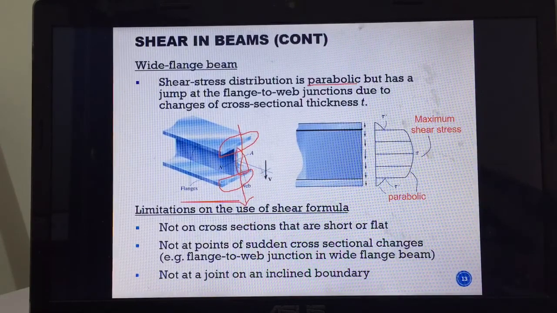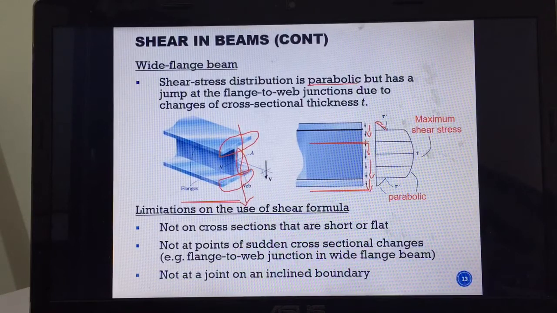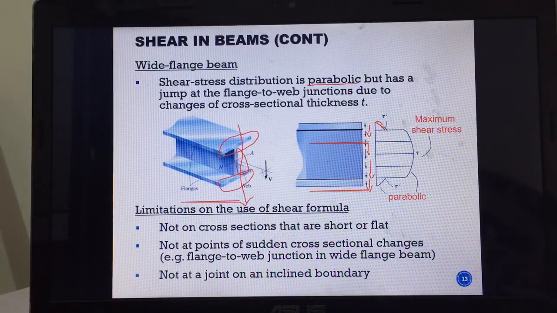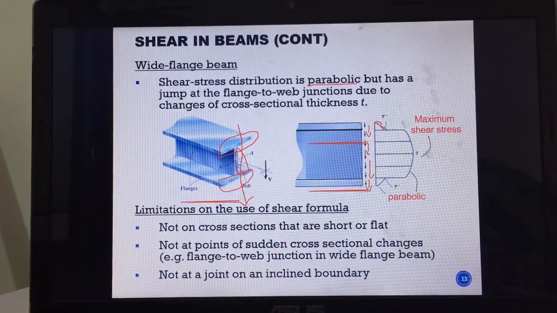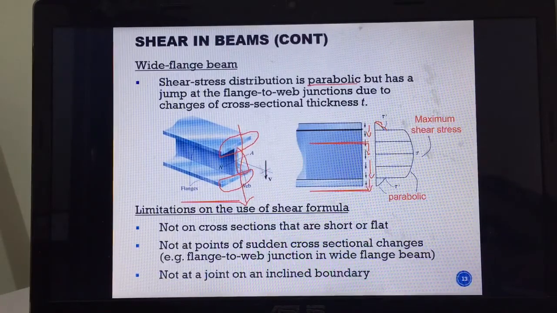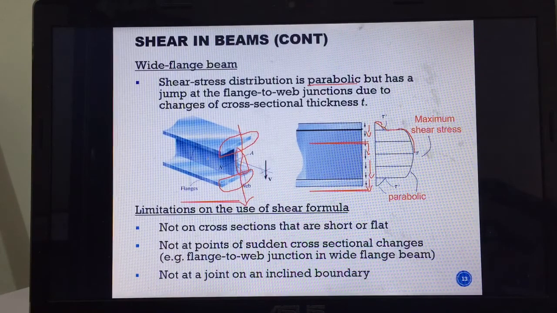Initially the shear stress is 0 at the top, and going down it becomes something around here at the bottom portion of the top flange, but suddenly it jumps to this value because of the web, and then it has a parabolic distribution until it reaches the middle.